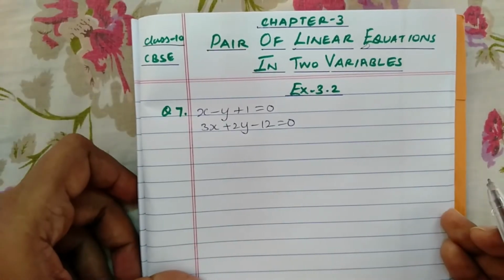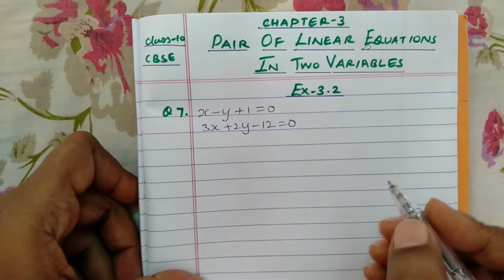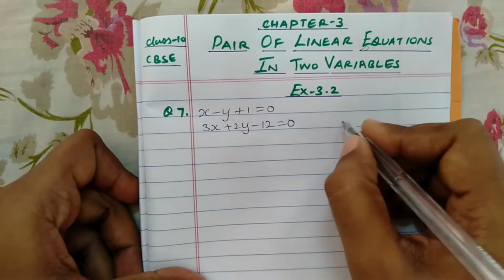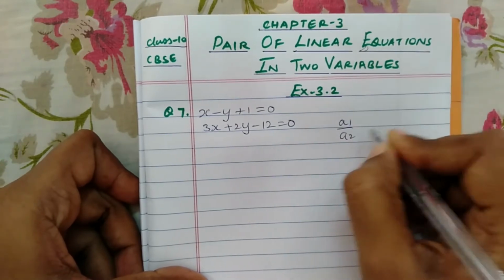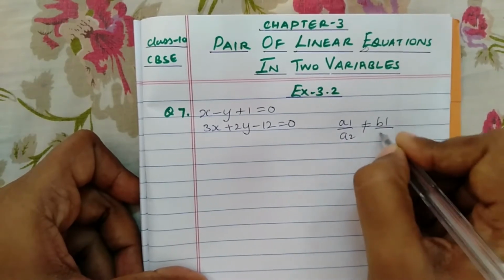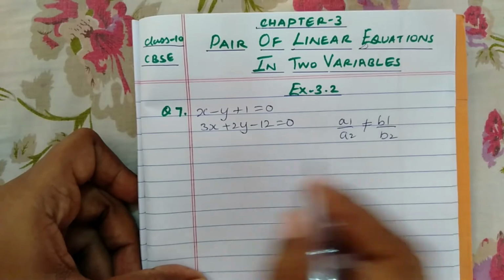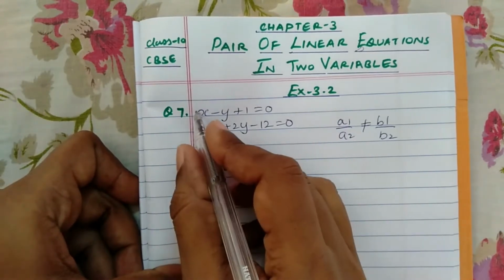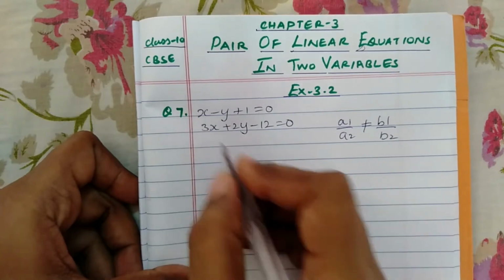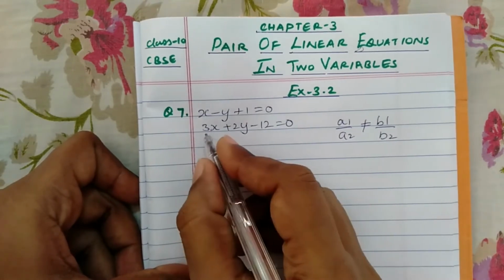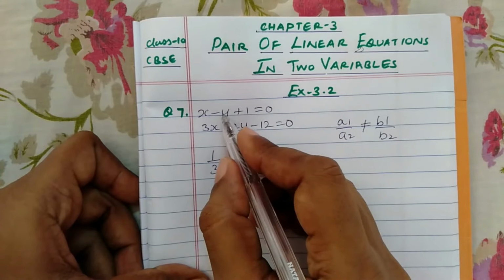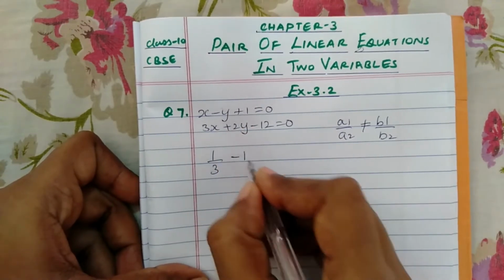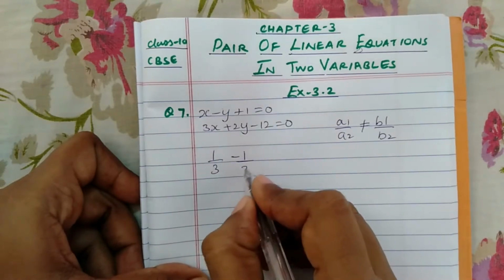So here is the equation. Now you remember the first condition, right? It is a1 by a2 is not equal to b1 by b2. Let's see whether this satisfies this condition. Now here a1 is 1, this is 1x, so 1 by 3, a2 is 3, and here b1 is minus 1, so minus 1 by 2, b2 is 2.